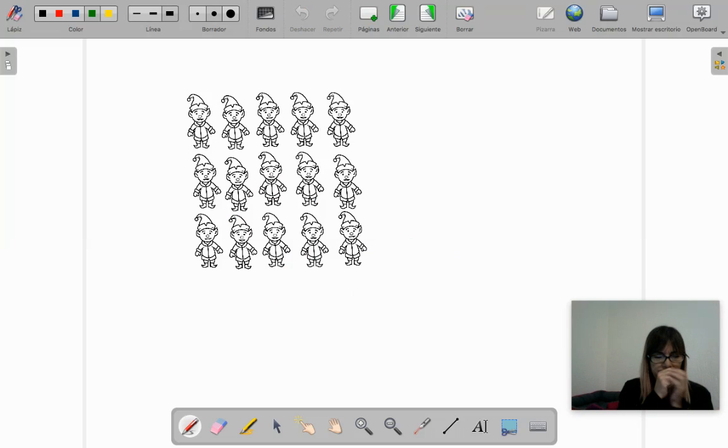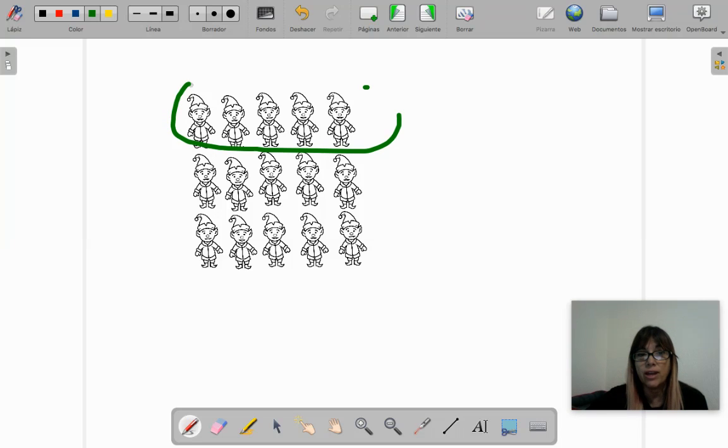When you see, boys, when you see a lot of things that are repeated, you don't have to really count all of them and then see how many lines. Just count the first line, but they have to be equal, okay? How many elves do we have at the top? Exactly, we have 5, so that's my first number.